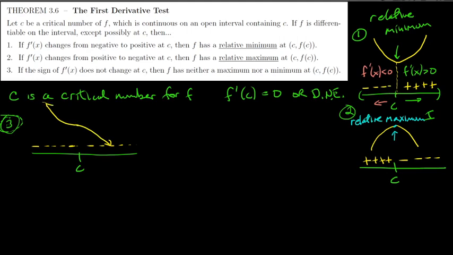So if the graph looks like this, then at c, at this point right here, I would not call that a minimum, because there are points lower than it, very nearby. I would not call it a maximum. There are points higher than that, very nearby. So it's neither a relative minimum nor a maximum.